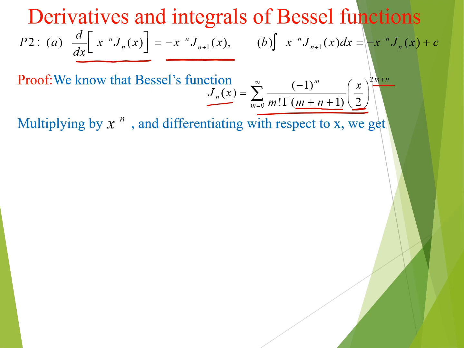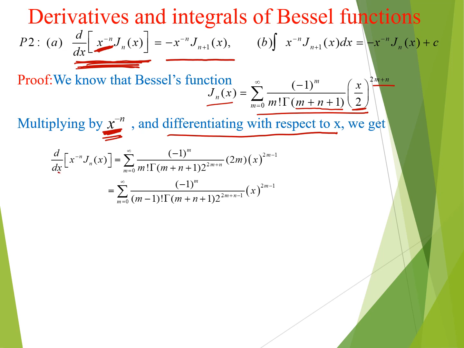Now multiplying by x to the power minus n on both sides and differentiating with respect to x as per the proof, for the left side we use the notation as per the left side proof.